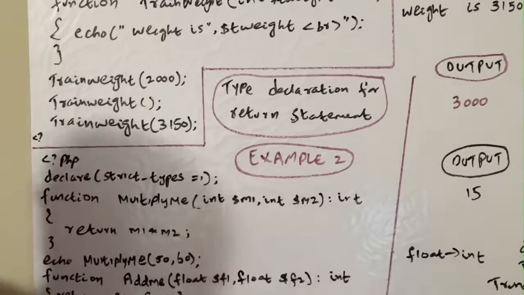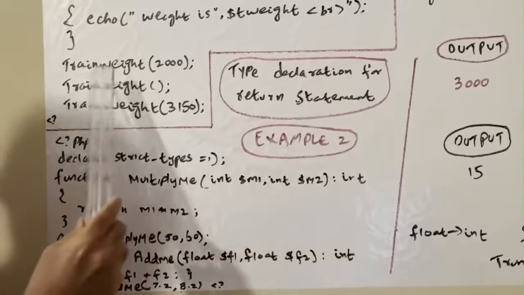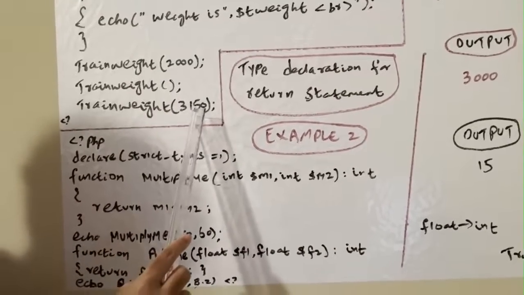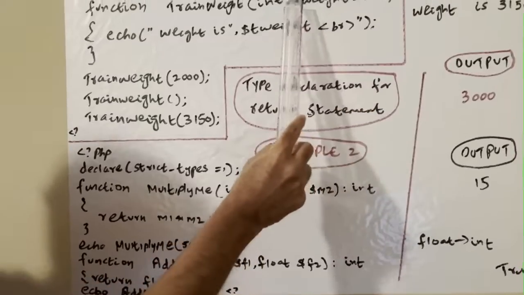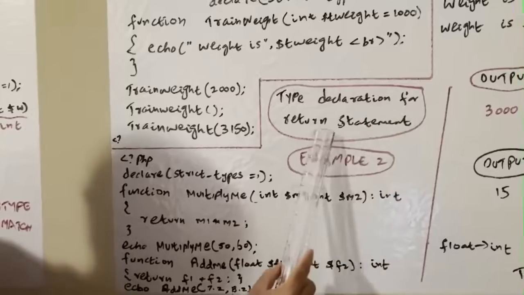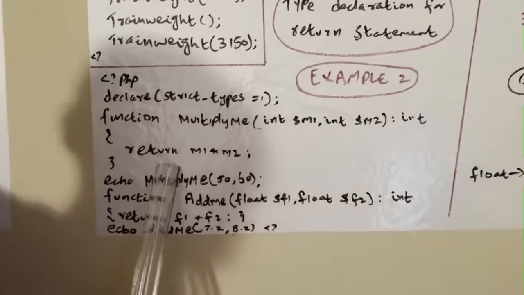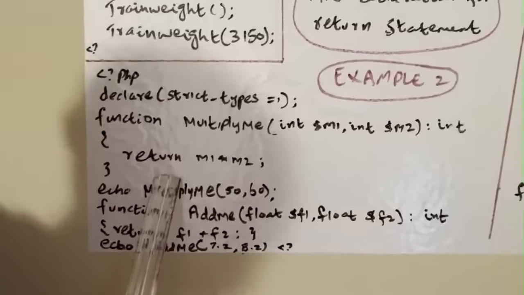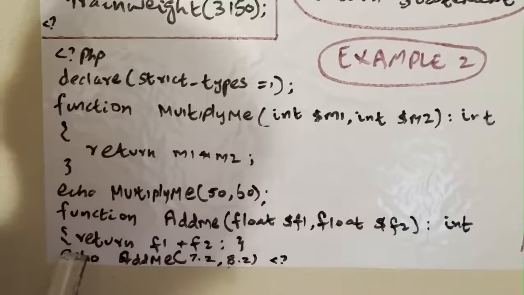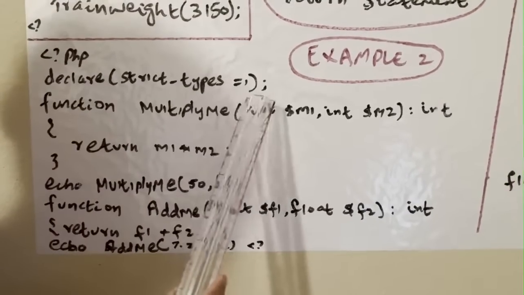Let's go to the next example, type declaration for return statement. See, in the previous example we call the function with an argument and there is a type declaration for the arguments. Here, type declaration for return statement. For example, here return, you can actually specify a type declaration. Let's see what it is. So same PHP tags, declare strict_types equal to 1.